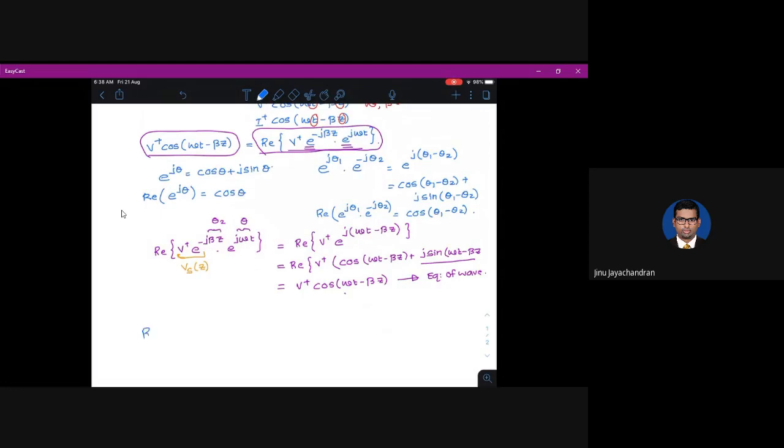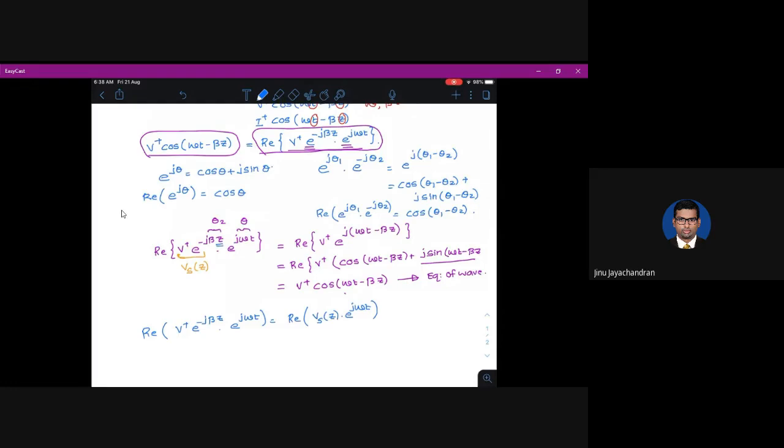The real part of v plus e raised to minus j beta z into e raised to j omega t is equal to real part of Vs of z into e raised to j omega t. We are representing it as Vs of z because e raised to minus j beta z has a z variation.